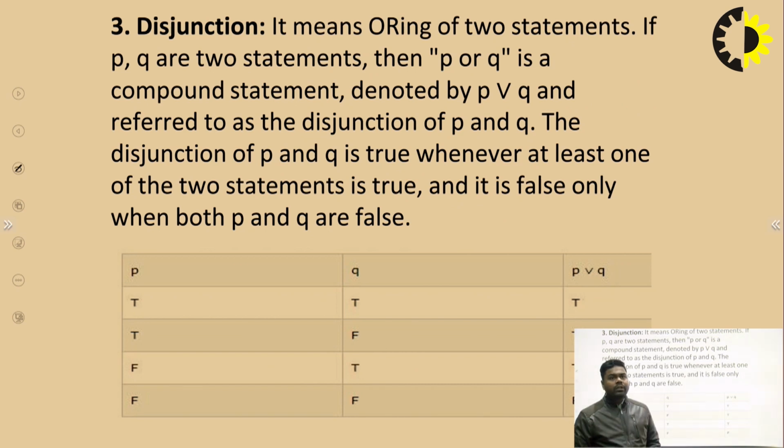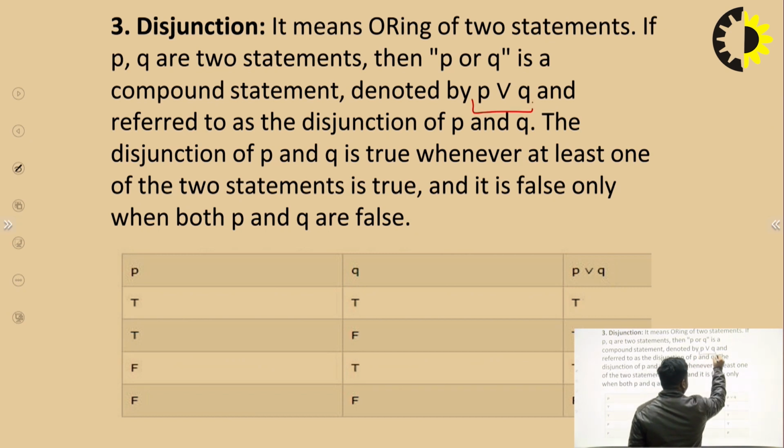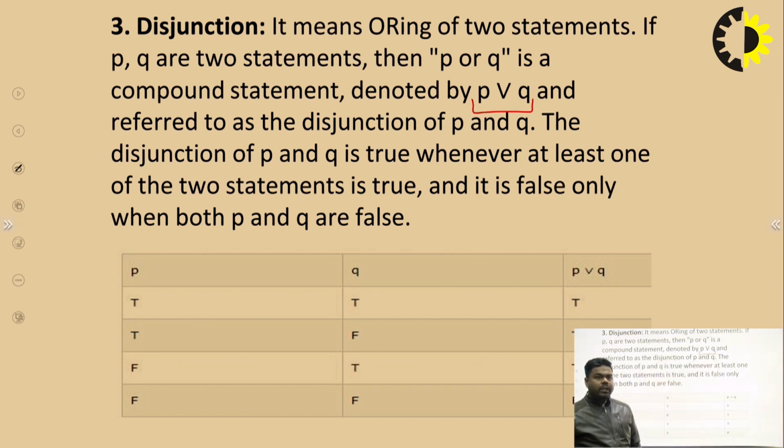Now disjunction. Disjunction means ORing of two statements. If P and Q are two statements, then P or Q is a compound statement denoted by this sign, and it is referred to as the disjunction of P and Q. If at least one statement is true, then the disjunction of P and Q is true.